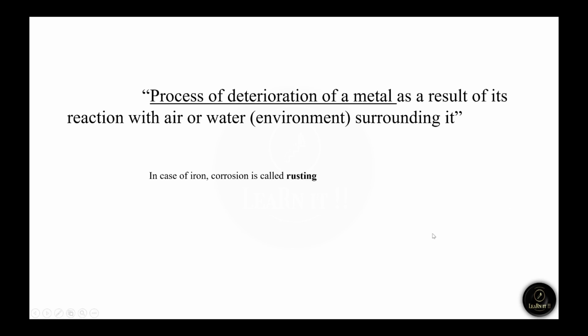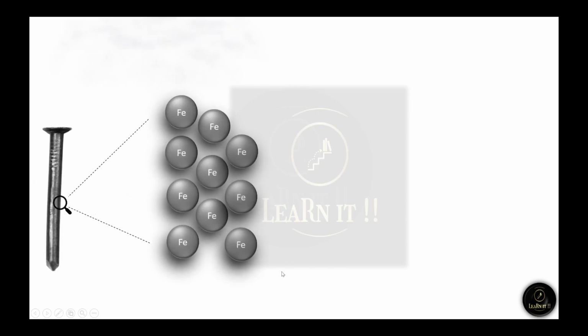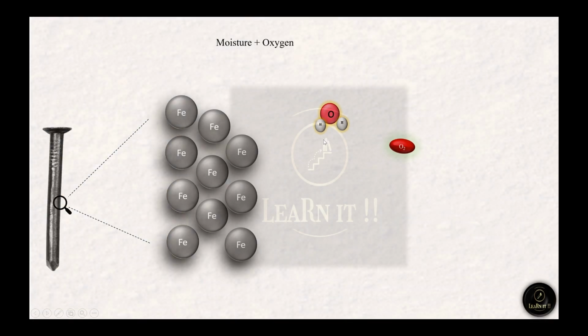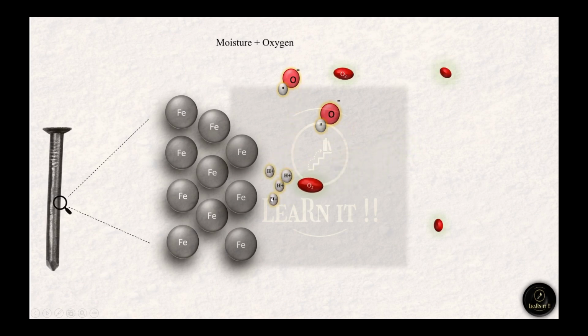Let us look at the process of rusting. Consider a nail. It has iron atoms. Under the influence of moisture and oxygen, as we know, moisture contains water or acidic substances, which give us H plus ions. These H plus ions accumulate near the iron atoms along with oxygen. When this system is created, the iron undergoes oxidation to form Fe plus 2 ions and 2 electrons.